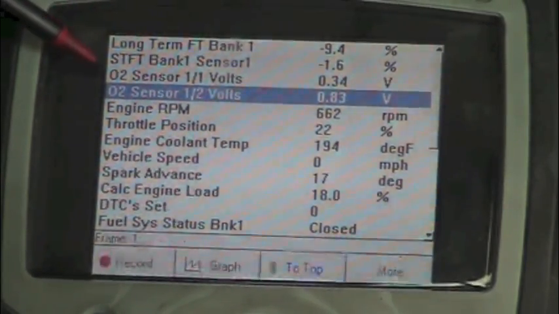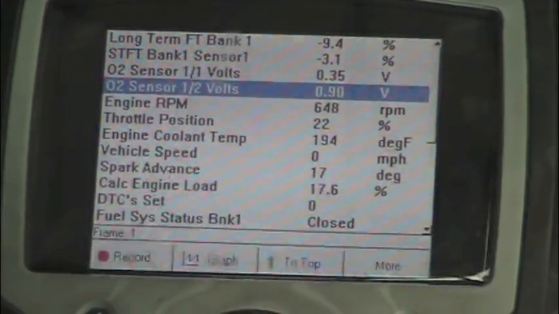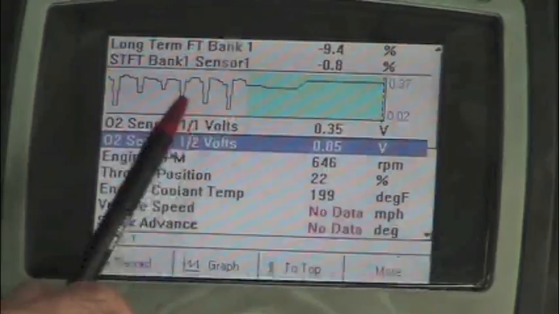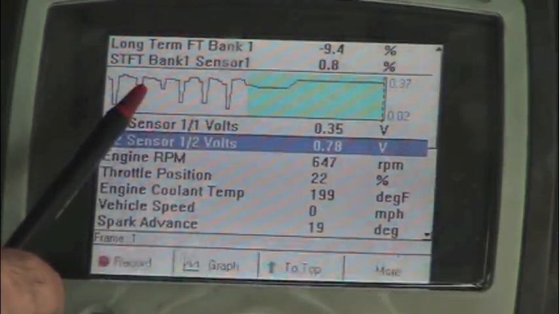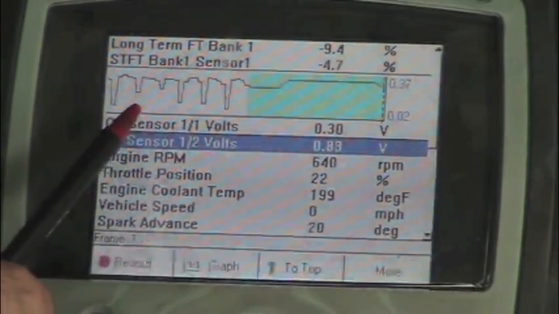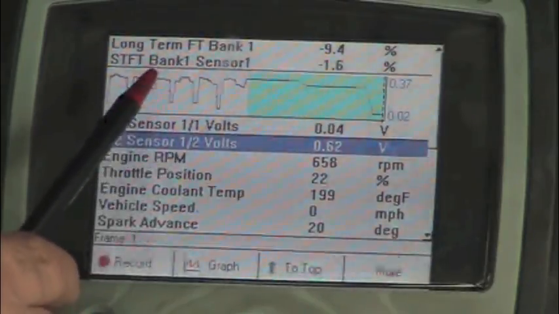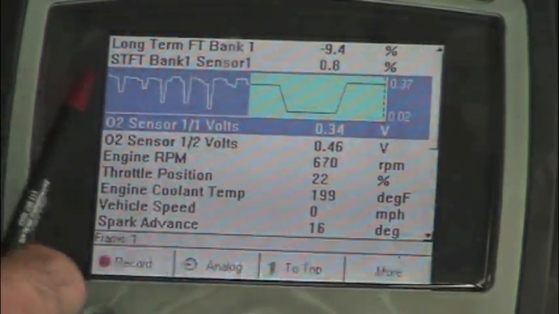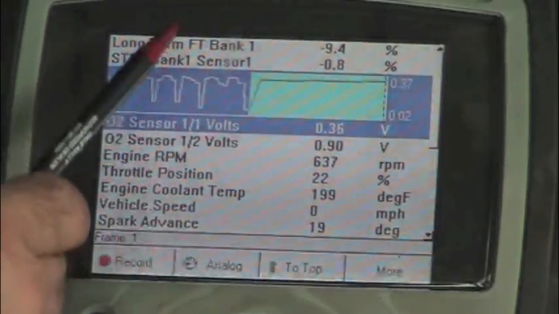Now we actually like to graph some of these, so I'm going to go up to the oxygen sensor 1.1. The only one we're actually going to be graphing is the oxygen sensor bank 1 sensor 1. Right there. Now we can see that it is switching.